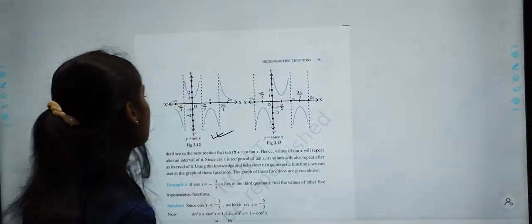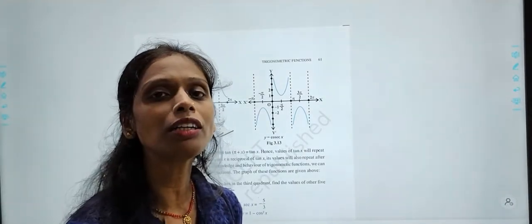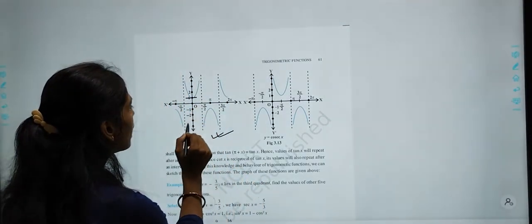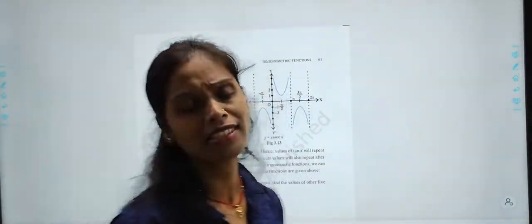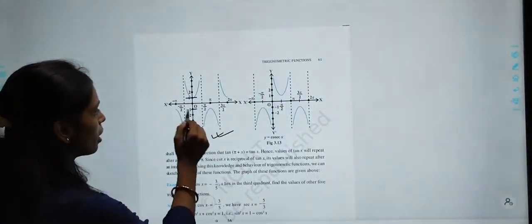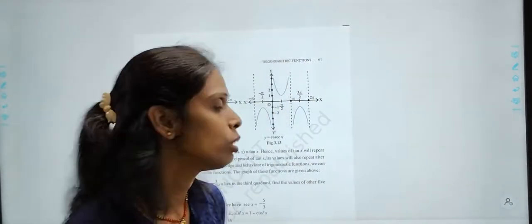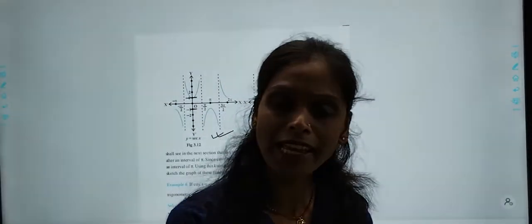You are observing that the sec theta graph does not take a range between 1 and -1, and everywhere else it is getting a range. You can see here through the graph. Only between -1 and 1 it is not getting a value. That's why the range is very clear: all the reals except -1 and 1.